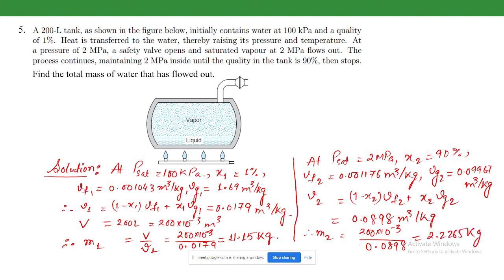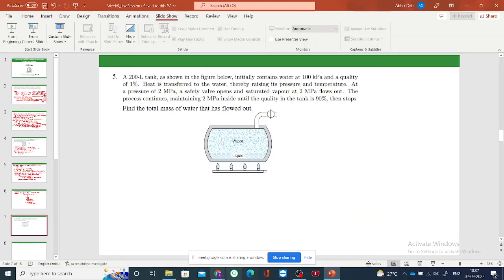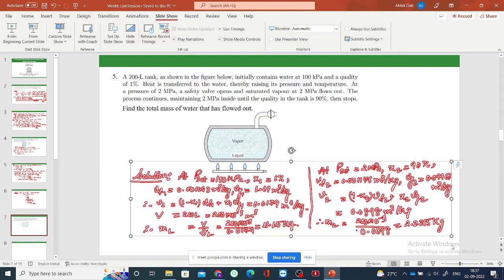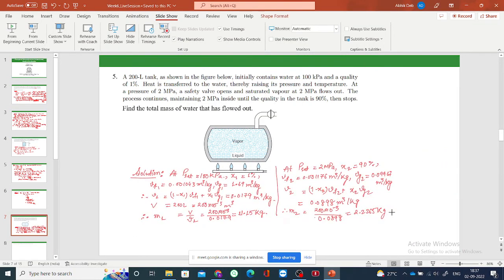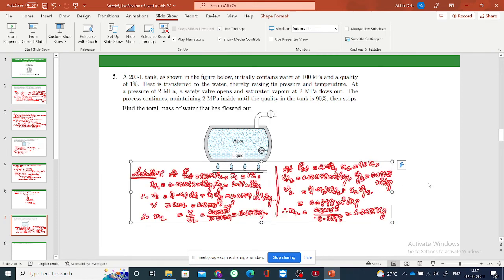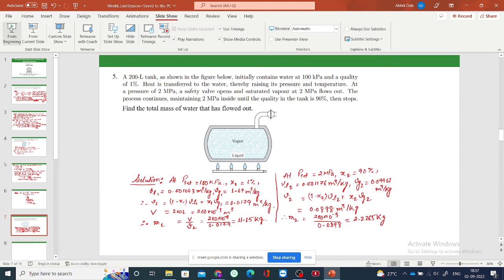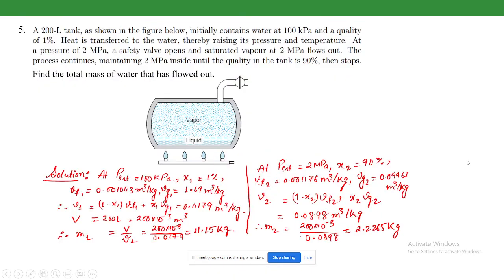Okay, so we have to find out the total mass of water that has flowed out.